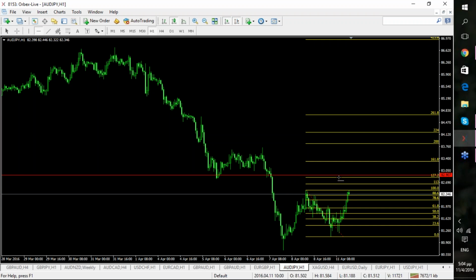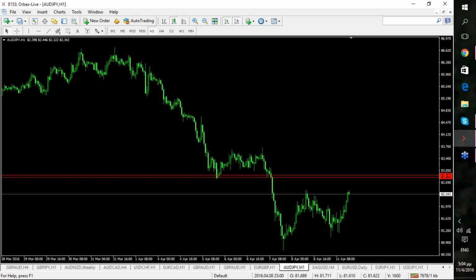So that is a potential, and again we're looking at a W-like pattern here, signaling a turn of trend around that area there.